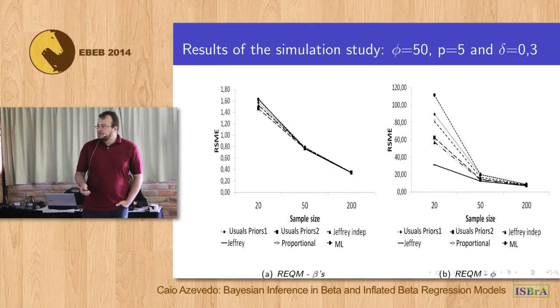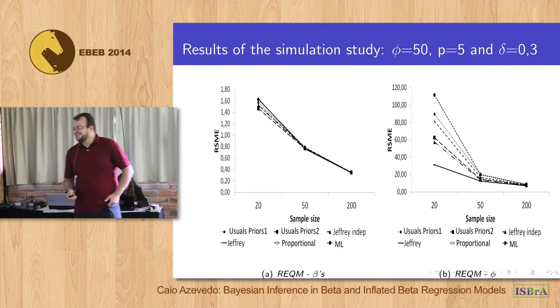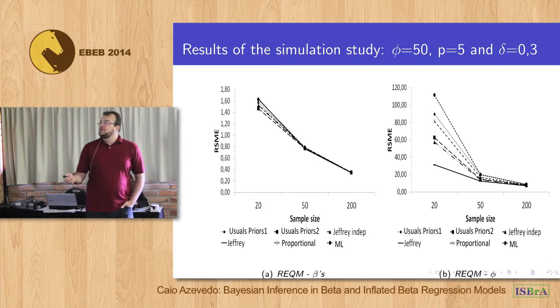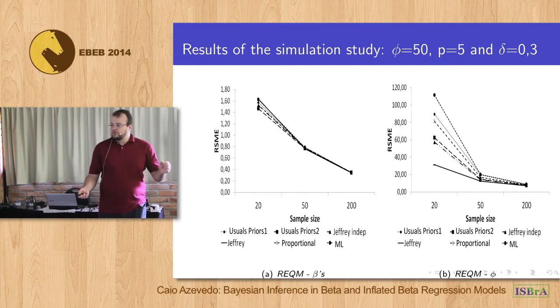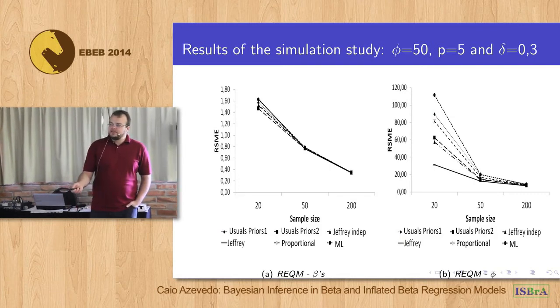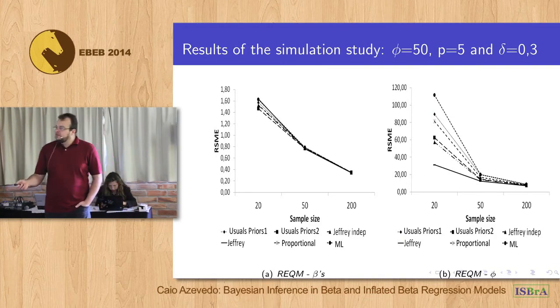And finally here, we can notice that for the beta and phi parameters, in terms of the square root of the mean square error, especially for small sample size, we have the most accurate results. Here it is not so easy to see, but look at here.